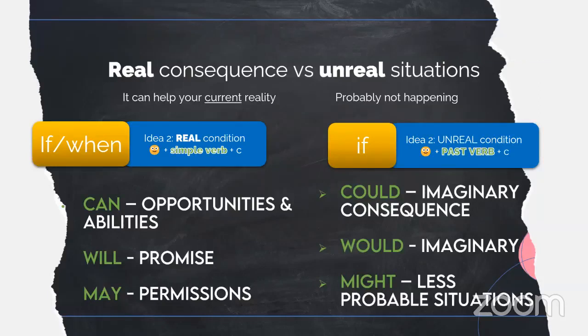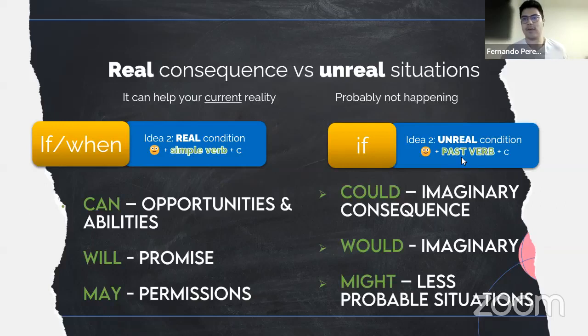I would see snow if I go to Canada. Unreal information, or the unreal condition, is in present or past? In past. Correct. For unreal information, you need to use go in past.